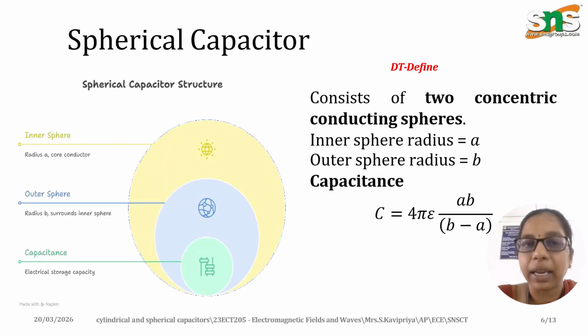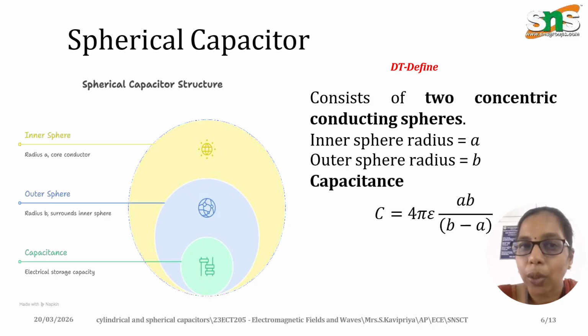And next is the spherical capacitor. Here we have two concentric conducting spheres, an inner sphere and an outer sphere. The inner sphere radius is small a and the outer sphere radius is small b. Actually, we can take any notation; we are taking a and b here. The capacitance is C equals 4 pi epsilon ab divided by (b minus a).